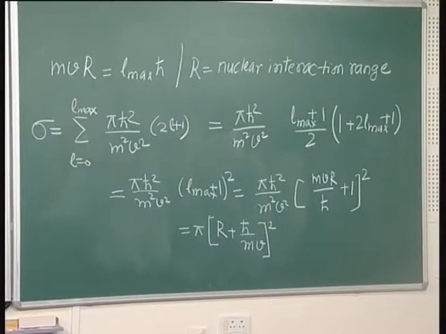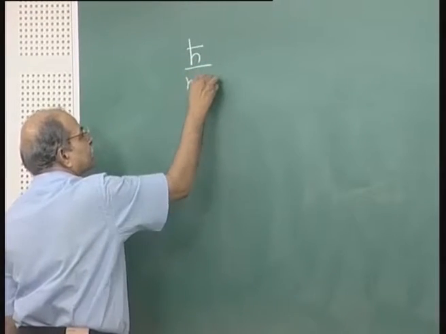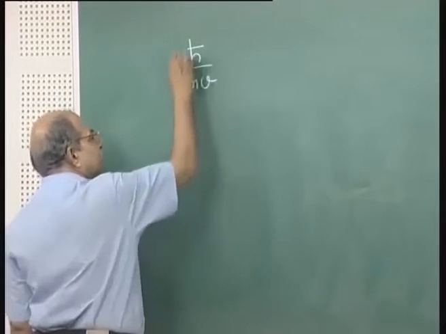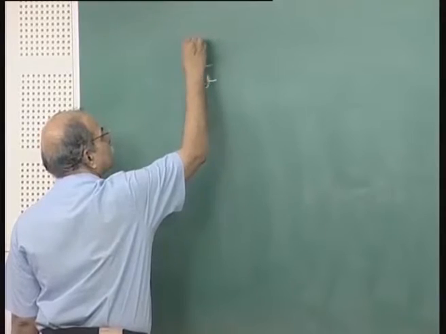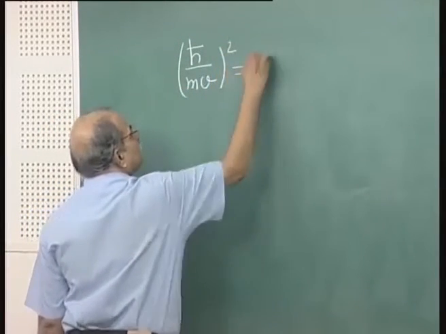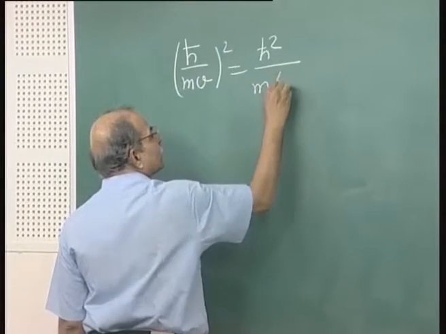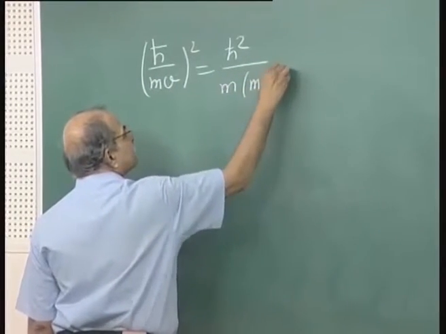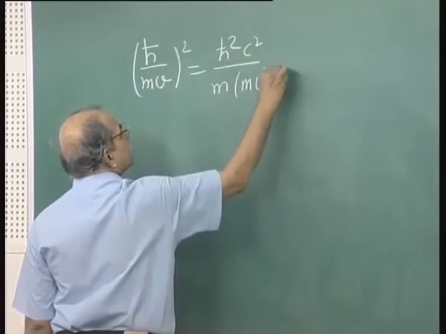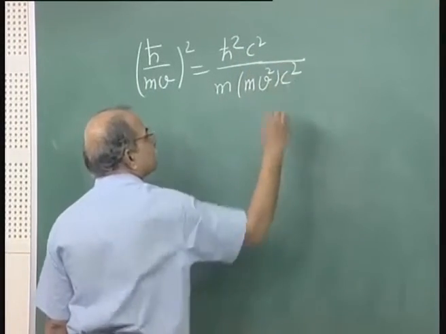So, h cross by m v, you can take the square of this. So, the square of this will be h cross square by m square v square, let me write this way, and multiply by c square here and c square here.